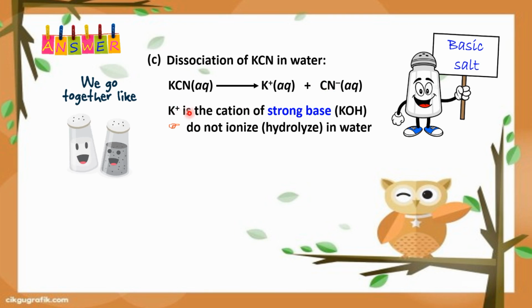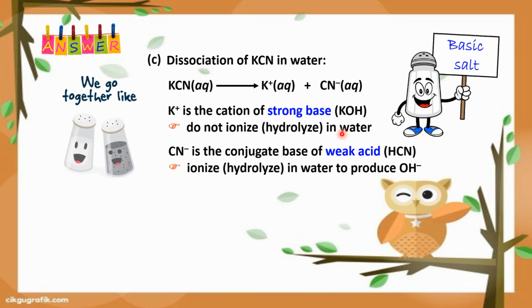K plus is the cation of a strong base, that is KOH, so K plus does not ionize in water. CN minus is the conjugate base of a weak acid, that is HCN. So it can ionize in water to produce OH minus ion.